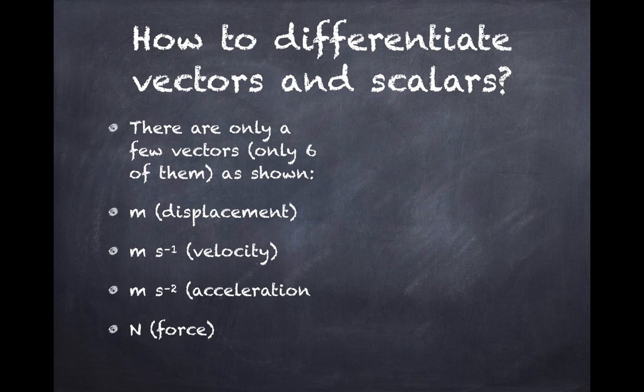Then what's the difference between displacement and distance? Displacement is a vector, distance is a scalar. Velocity is a vector, speed is a scalar. But acceleration is the same in both conditions, so there's no scalar cousin for acceleration; you just have a vector only, acceleration.